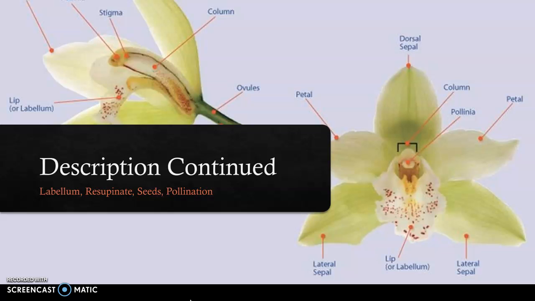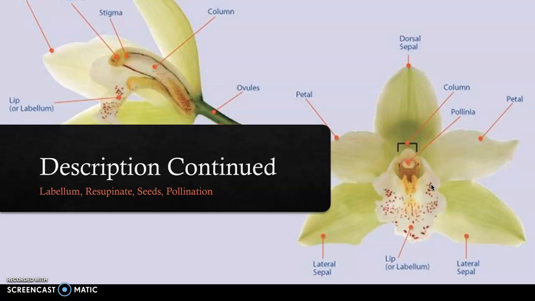Furthermore, a very important part of this flower is the labellum, which can also be called the lip. This is important for pollination reasons. It's the part that attracts insects to the orchid, and that helps them to become pollinated. And if they're not pollinated, they're not going to come back.